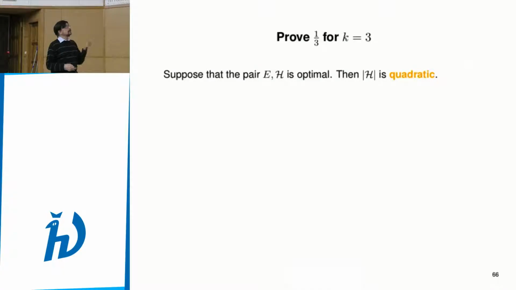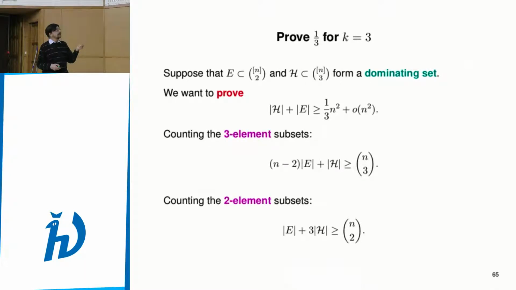So suppose that the pair is optimal, then H is quadratic. If we don't suppose that it's an optimal family, then it could be cubic, of course. But since we know that the sum of these two was, by the construction, less than a constant times n squared, this must be quadratic in the optimal one.